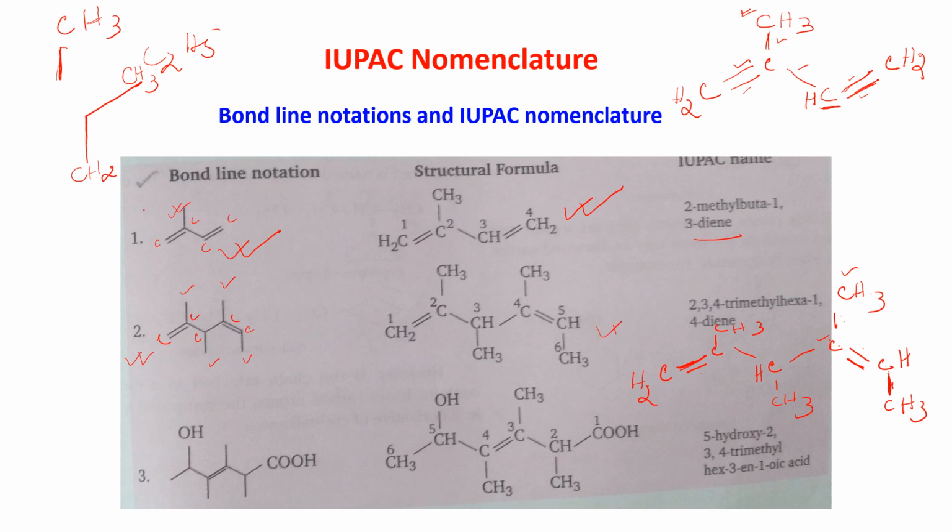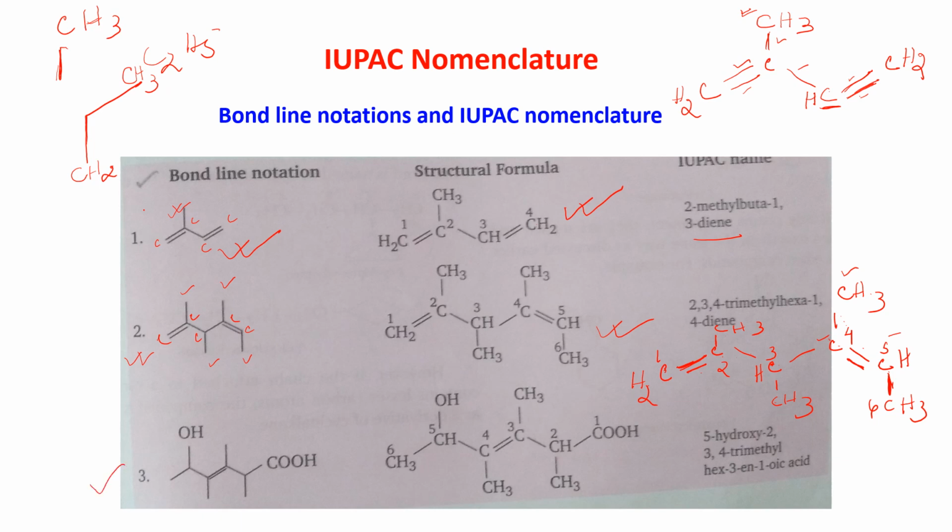Just see here. So the name of the compound is 2, 3, 4. Now you have to put the numbering, okay? 1, 2, 3, 4, 5 and 6. So 2, 3, 4 trimethyl hexa 1,4-diene.